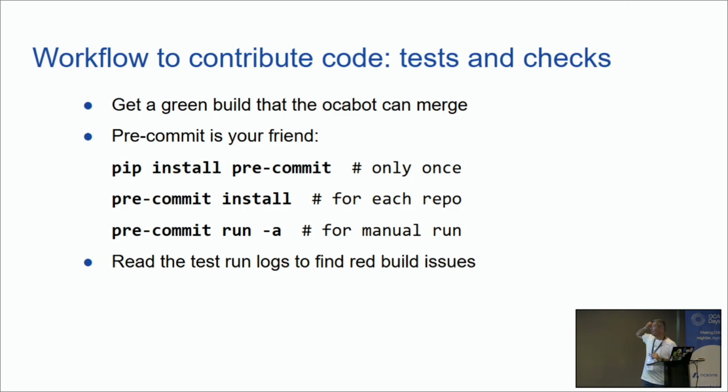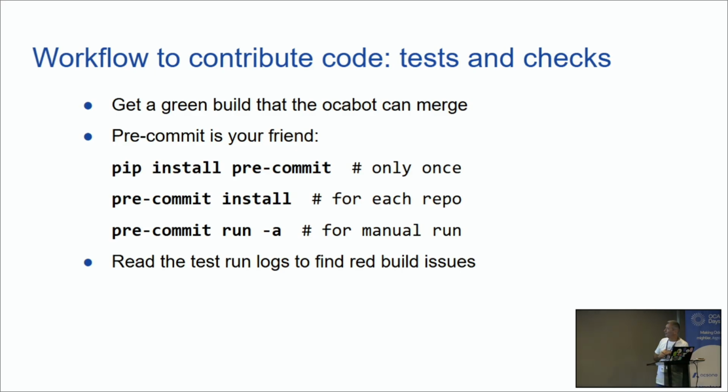If you need to run it manually, you can run pre-commit run -a, that's all, run on all, and you can do it manually too. But this is a good helper, and if you do this, you won't worry about formatting. The tool will do it for you, so you don't need to worry a lot about the formatting.